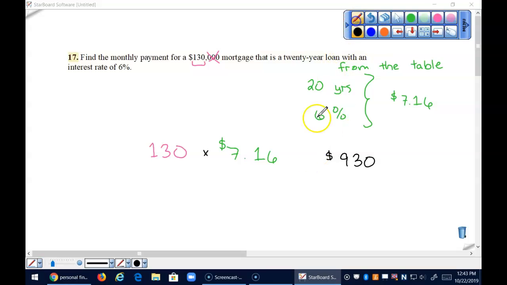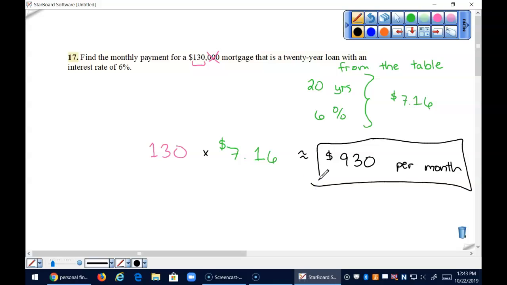Rounding. I think for 130, you still got to go to Jerry's.